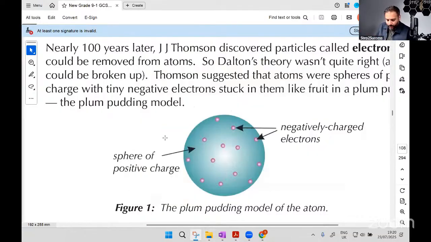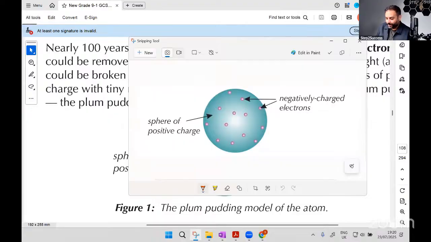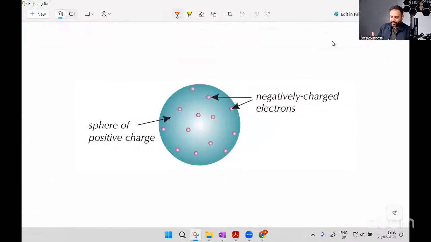And what he thought would happen, right? Because this is what they thought the atom looked like. They thought that the atom was like this ball of weak positive charge, spread out everywhere, with these electrons stuck in the middle randomly. That's what they thought the atom looked like.